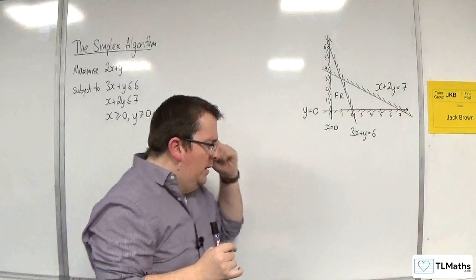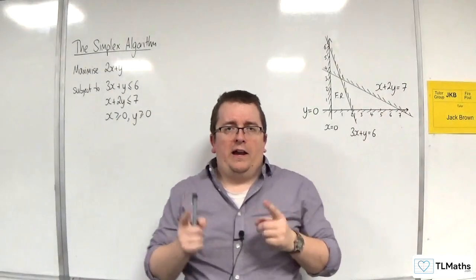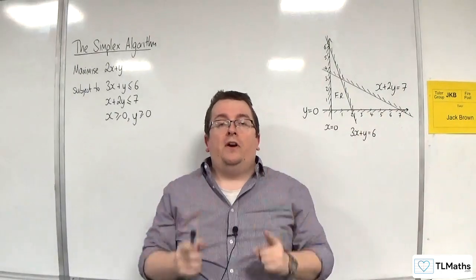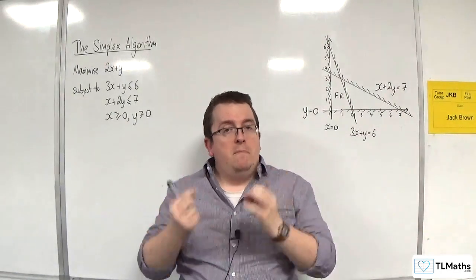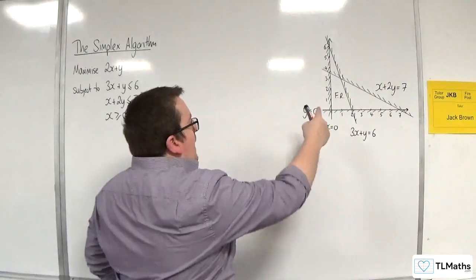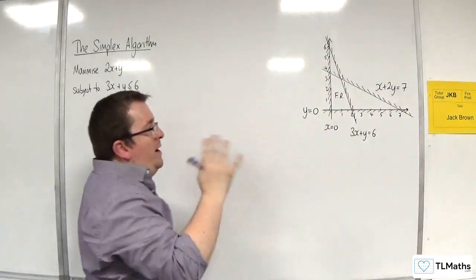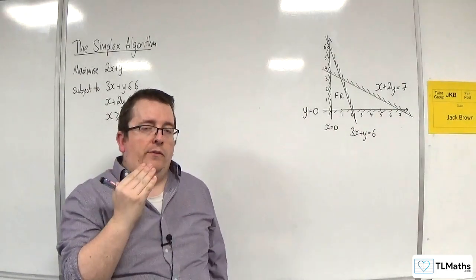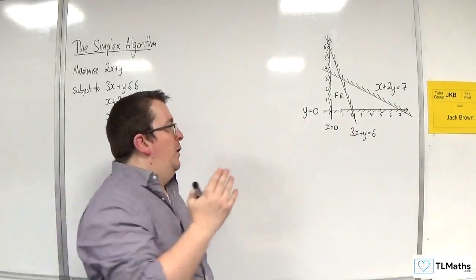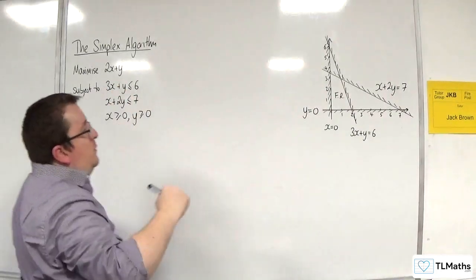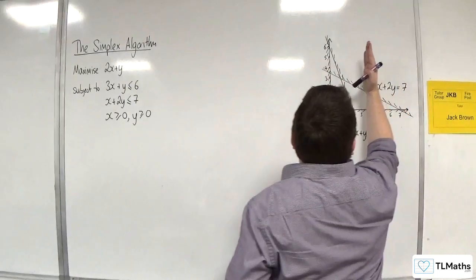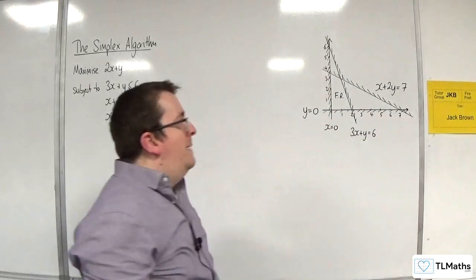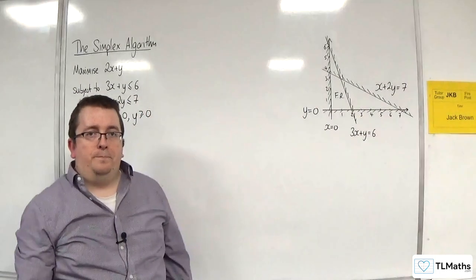Okay? Now, the simplex algorithm, in a nutshell, this is what it does. It starts at the origin, so it must start at the origin. When you're doing graphical linear programming, you consider the vertices of your feasible region. So for the 2x plus y, we would have a line coming in, and the first point that it hits in the feasible region is the point that I am interested in, that maximizes that value.